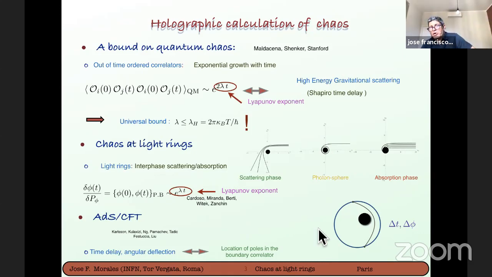The nice point about this class of geodesics is that they spend most of the time near the photosphere, where the geometry is very simple. Then you can get very precise predictions for the time delay and the angular deflection in the boundary.